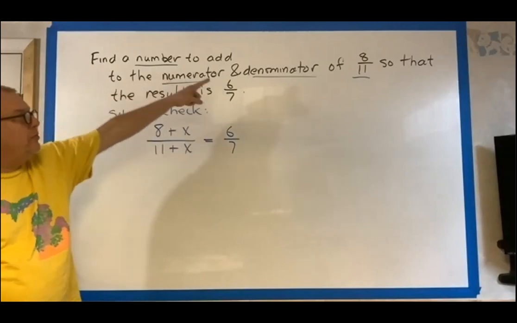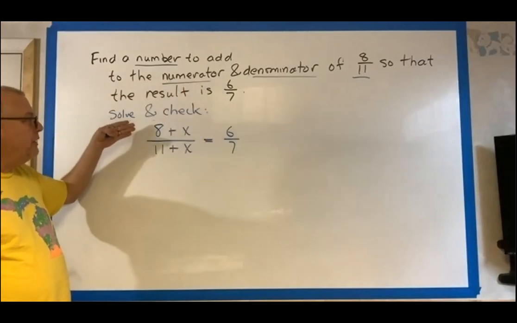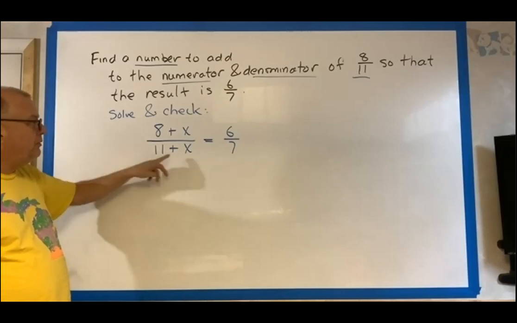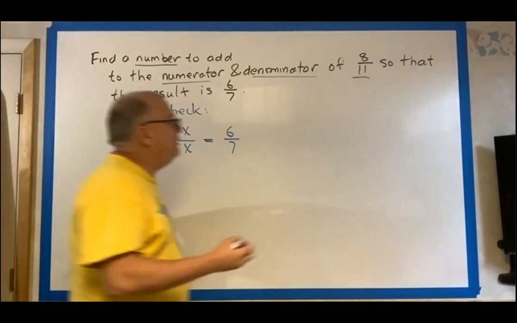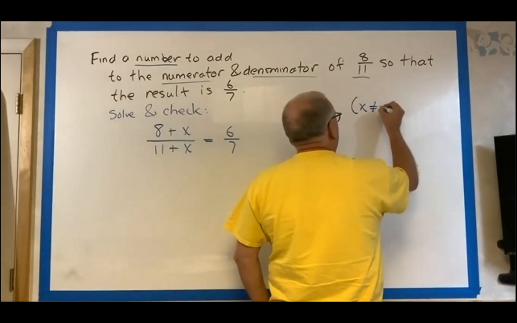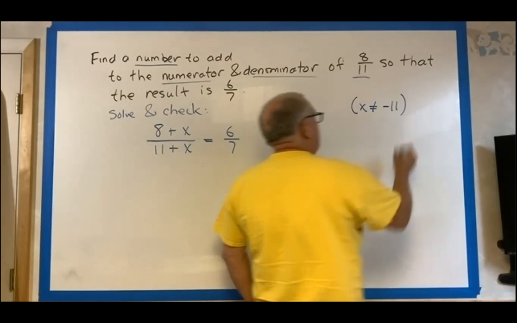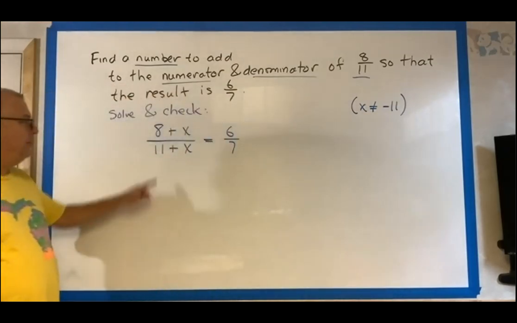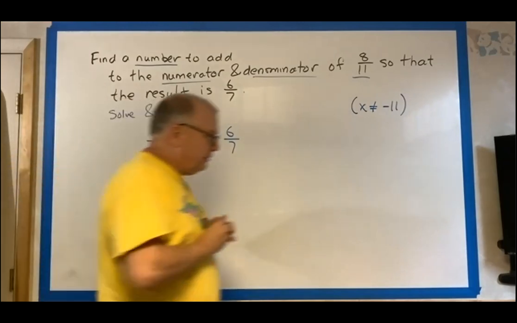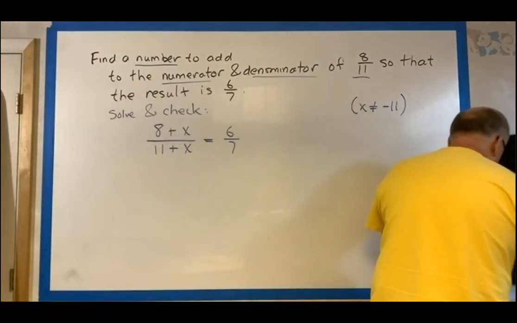Yes, it talks about numerator, denominator, fractions. I want to make sure I don't divide by 0. So I'm going to make this note over here. Don't use -11. That would cause me to divide by 0. Other than that, I'm just going to multiply by the LCD.